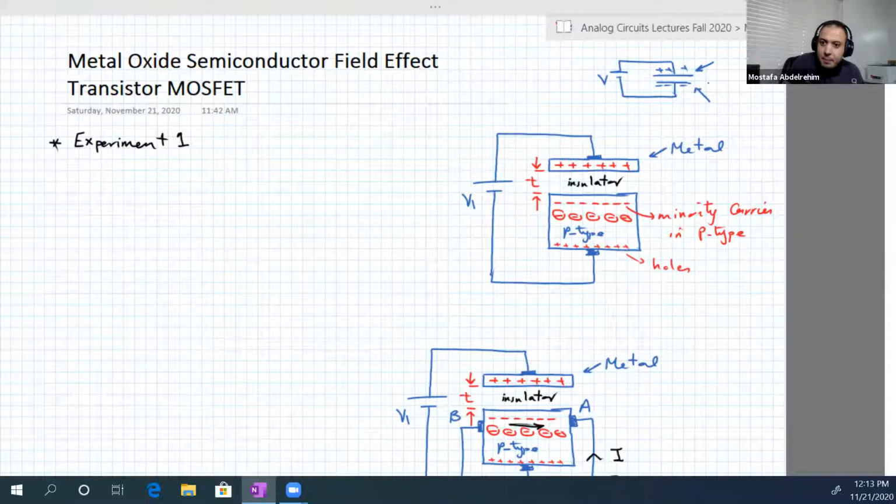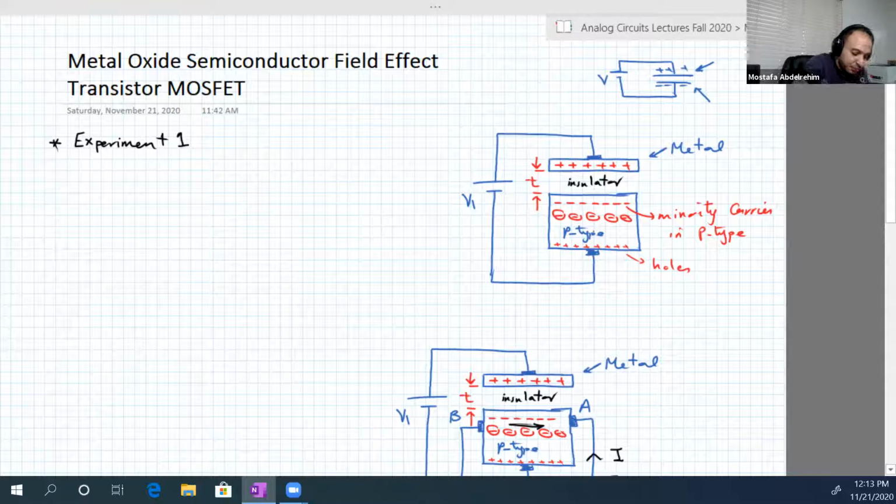We're going to do the same, but our capacitor now will have one plate that is metal and the other plate not metal. The other plate will be a p-type semiconductor. And we're going to apply a voltage, let's call it V1. That way, the positive charge will accumulate on the metal plate.